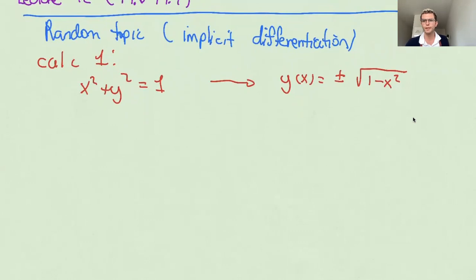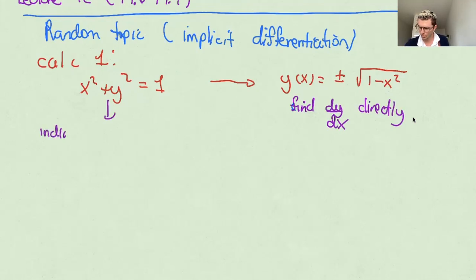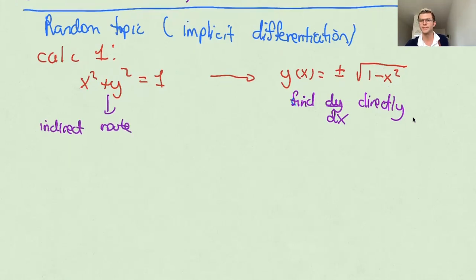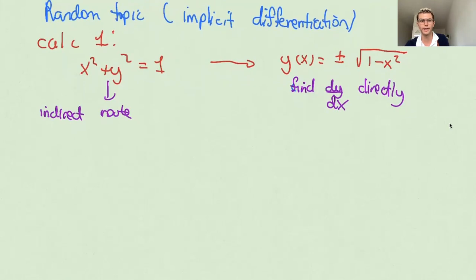But the whole philosophy of implicit differentiation is that you don't want to do that. So here you can find dy dx directly, but there's a more indirect route, which has the advantage that you don't need to solve for y. And that's where the implicit differentiation kicks in.